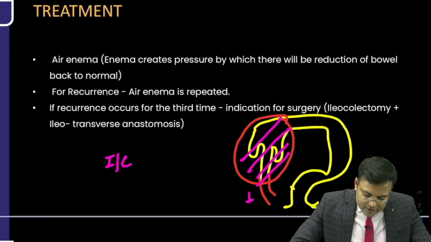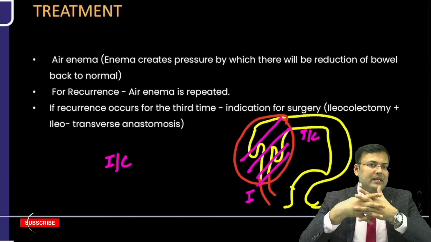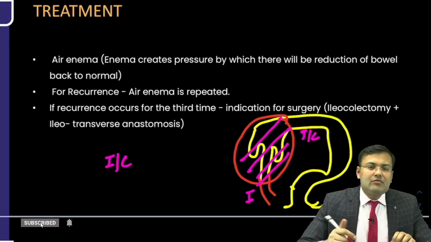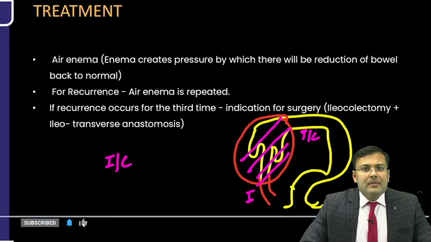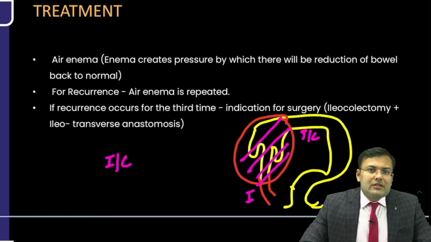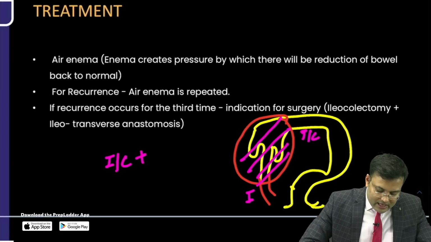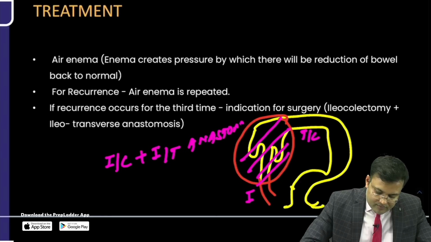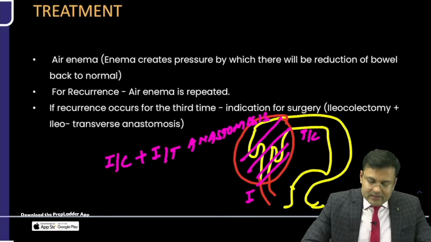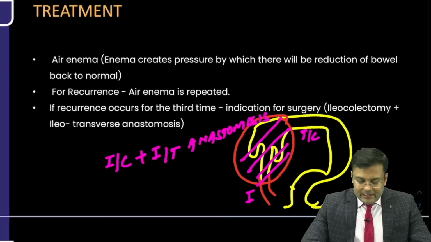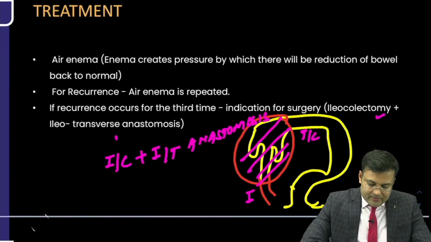You are left with ileum and transverse colon, so you perform anastomosis between ileum and transverse colon. What's the name? Iliotransverse anastomosis. So it is iliocolectomy plus iliotransverse anastomosis, that is the treatment.